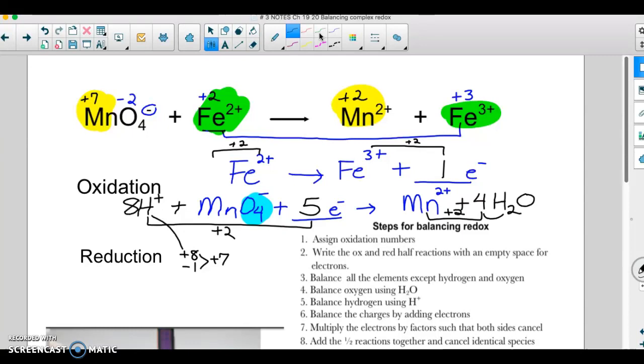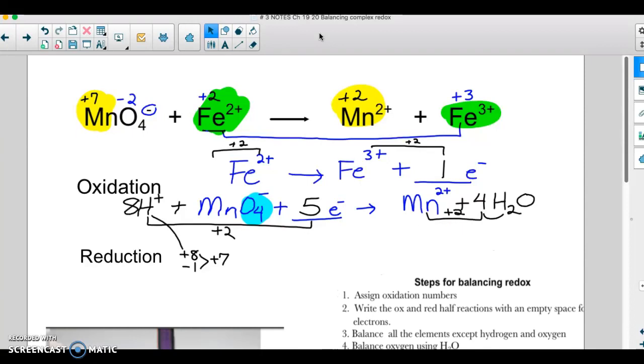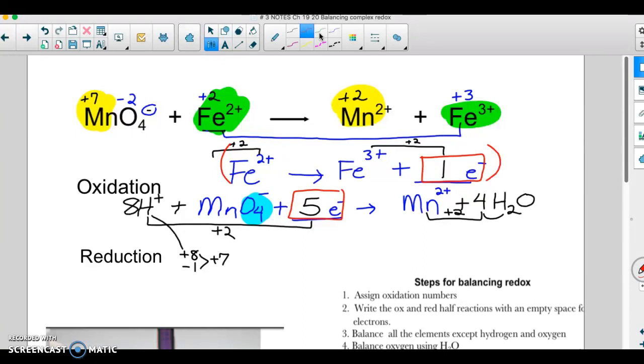Now I'm going to make sure that my charges are conserved. So I want to make it so that I can cancel these electrons. And at this point, you can see that they're not equal. So I would need to multiply this oxidation reaction by 5.